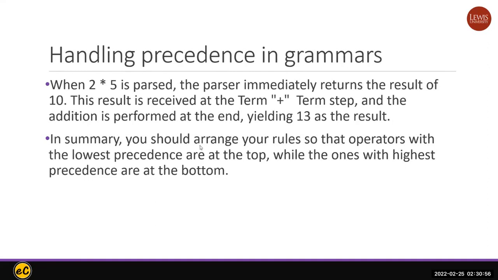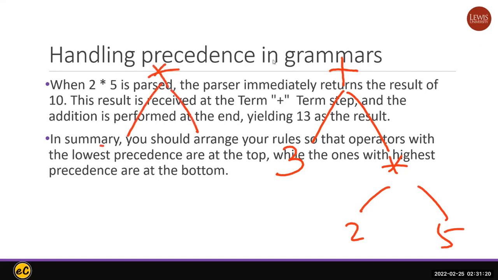In summary, you should arrange your rules so that the operators with lower precedence are at the top, and higher precedence are at the bottom. So basically, no matter what grammar rule you write, you should have plus go first, and then you should have 2 times at the bottom, instead of having this one go first.